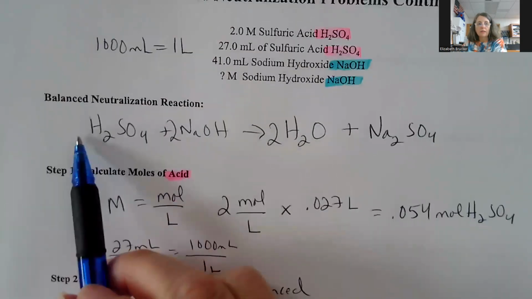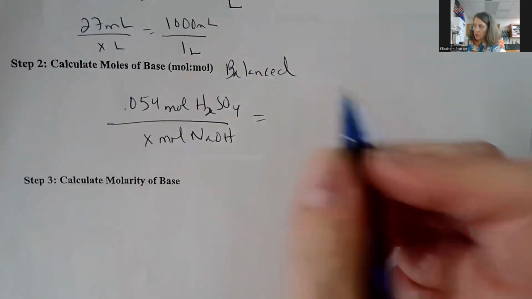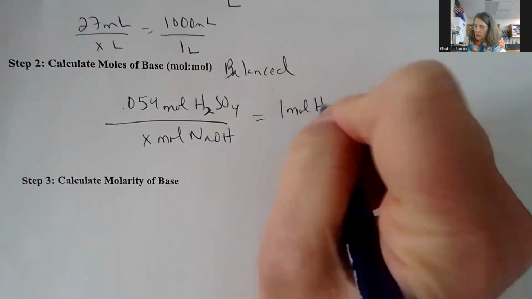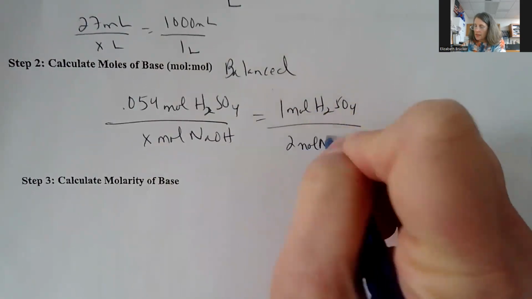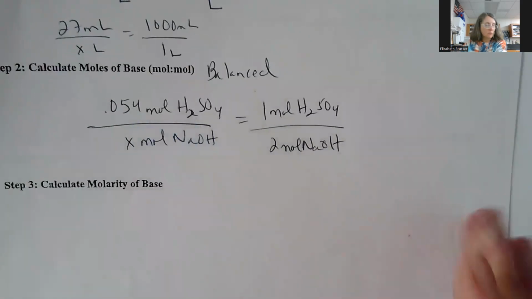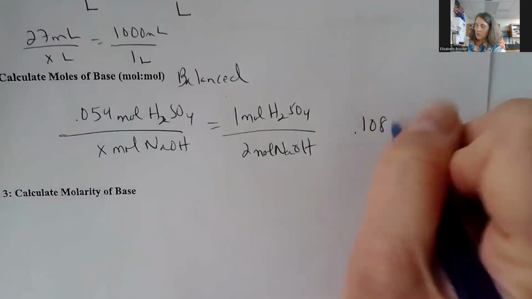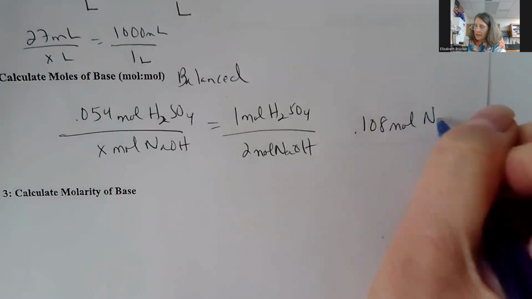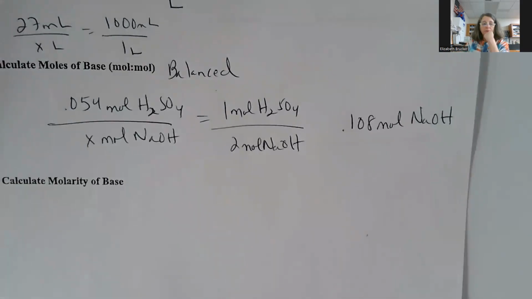I have a 1 in front of the H2SO4, and I have a 2 in front of the NaOH. So I put a 1 mole of H2SO4 and a 2 mole of the NaOH. So I'm multiplying 2 times 0.054. I get 0.108 moles of my NaOH. Again, you could just call it your base.